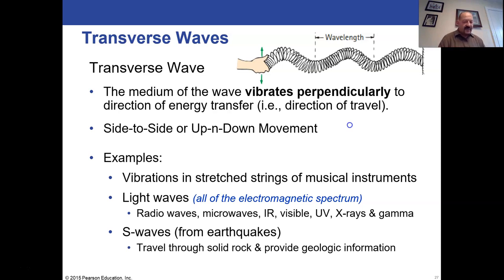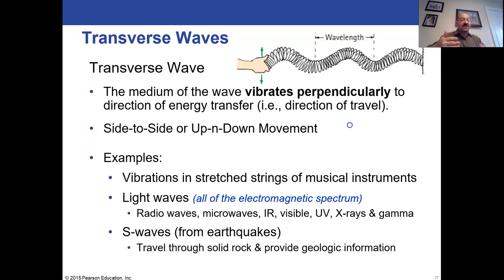Light waves all do this. In fact, if you have a light wave going in this direction, you might have an electrical wave in the light wave. The light wave is actually an electromagnetic wave. All light is part of the electromagnetic spectrum. It's called electromagnetic because it actually has two waves: an electric wave that's going like this, and a magnetic wave that's going perpendicular to it.